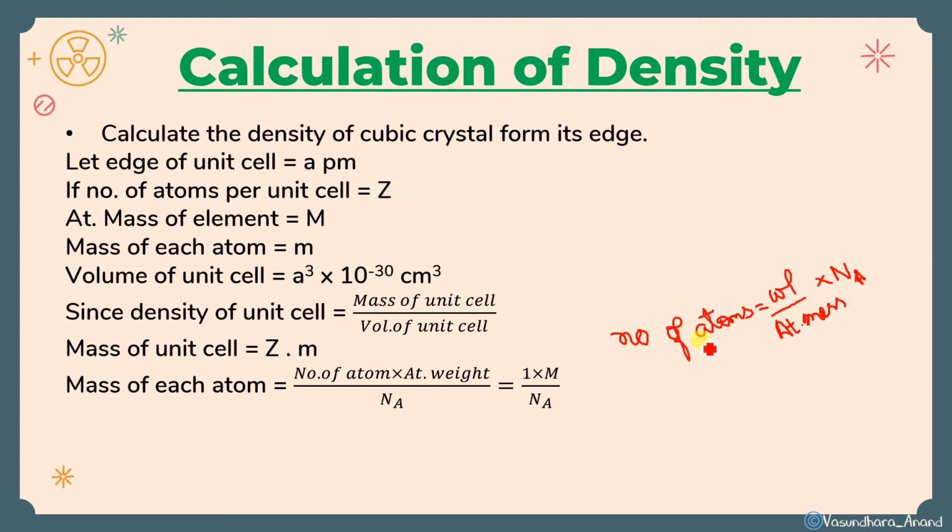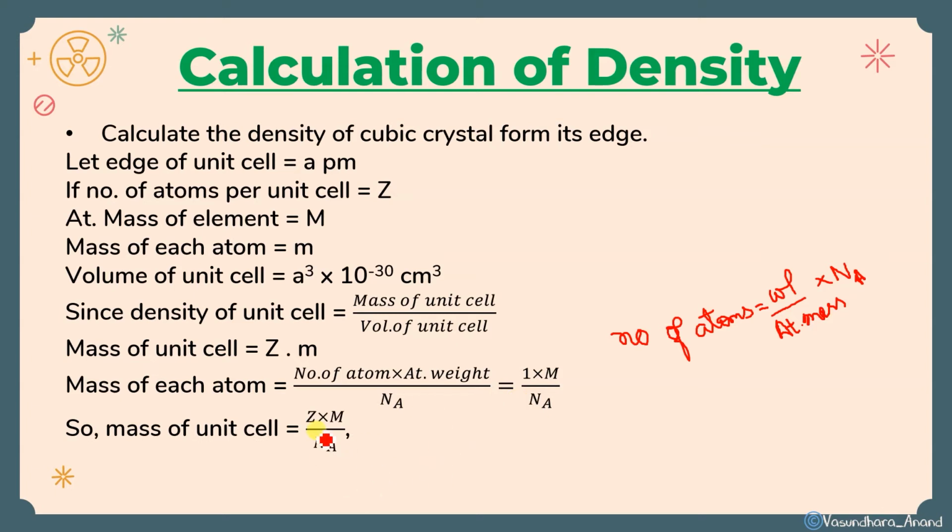The number of atoms I am considering as 1, since it is each atom, upon atomic weight, which I have abbreviated as capital M, and Na. So can I put this value of the mass of each atom in place of m in Z into m? Yes, so that is the formula.